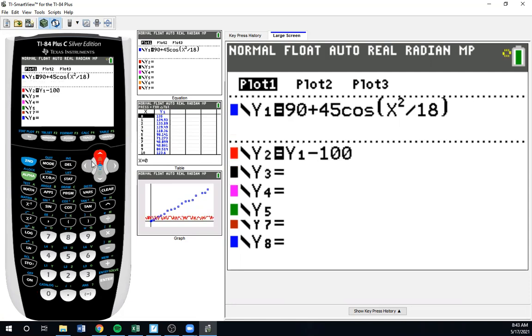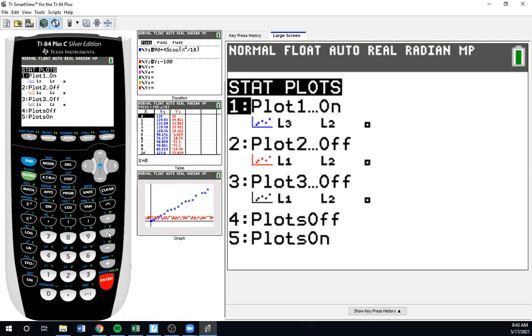Okay, and then I'm going to turn this function off so that it doesn't show up. I also have a scatter plot that I'm going to turn off.